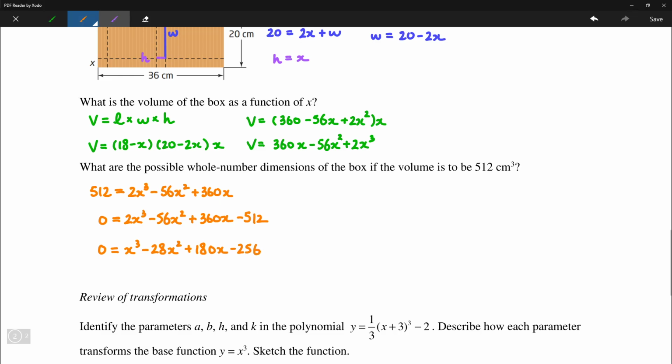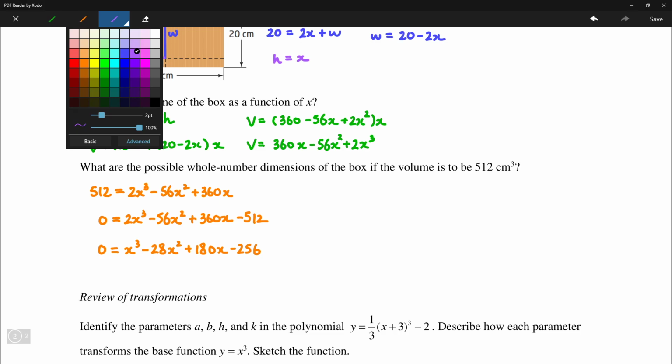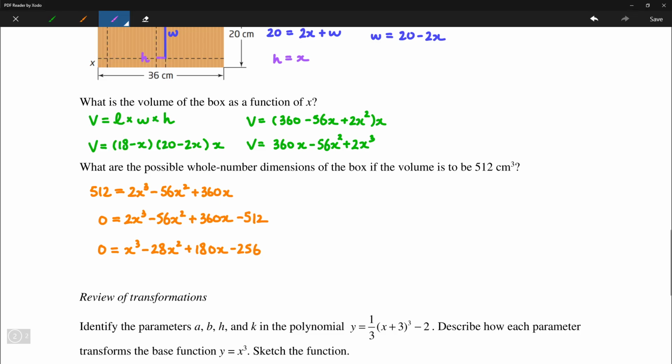So again, similar to the previous examples, I'm just going to try a number that works. So let's try x minus 2. In this case, we have 2 cubed minus 28 times 2 squared plus 180 times 2 minus 256.